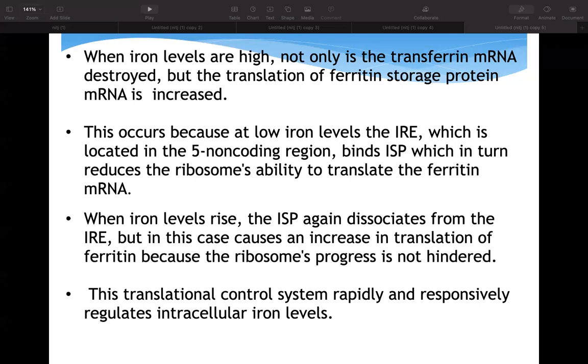But when the iron level rises, the iron sensing protein will again dissociate from the iron response element. In this case, we can see there is an increase in translation of ferritin. This is because the ribosome's progress is not hindered when the iron levels rise.